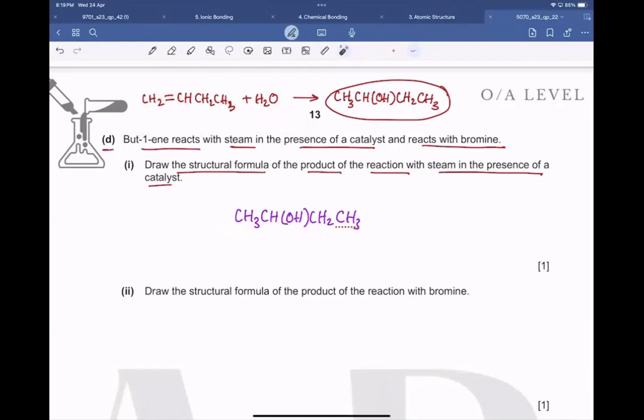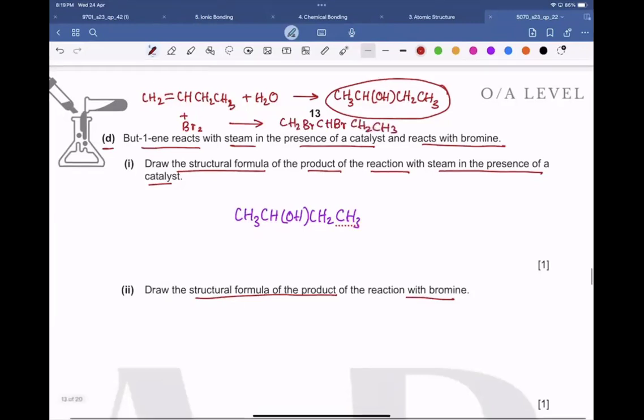Now, see over here the next part. Draw the structural formula of the product of the reaction with bromine. So if you recall, when this reacts with bromine, what will happen? Again, a double bond turns into a single bond. One bromine gets bonded with each carbon which had a double bond earlier. So CH2Br, CHBr, CH2, CH3, that will be the structural formula.